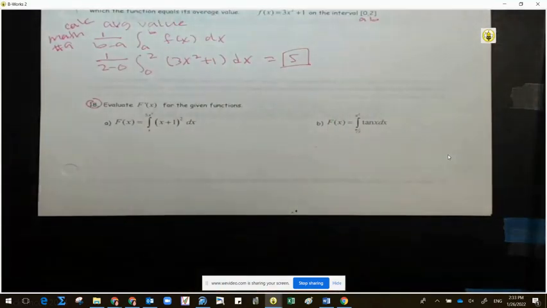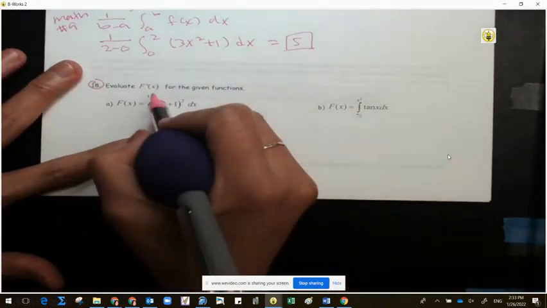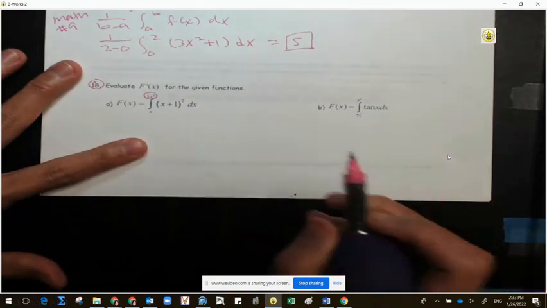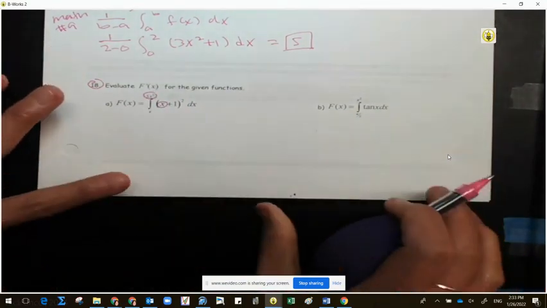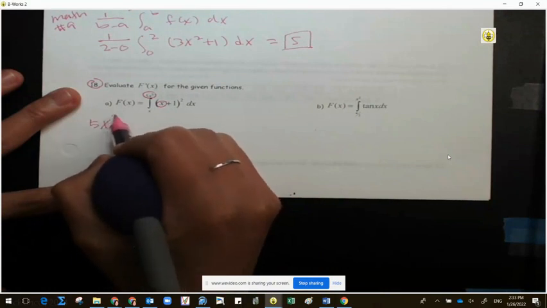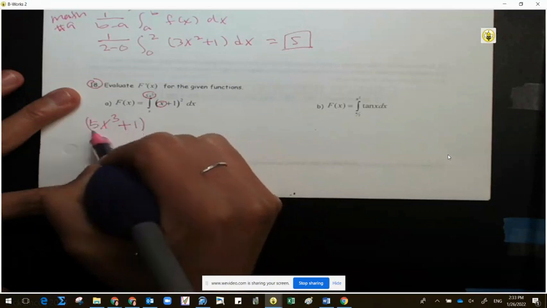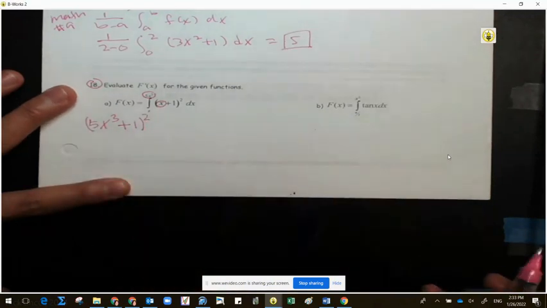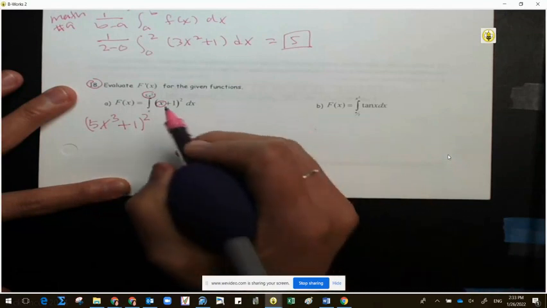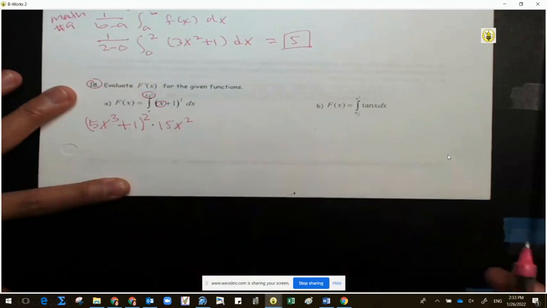So let's practice that. Looking at this, our upper bound is right here. And we're plugging that into the function. So let's write out (5x cubed plus 1) all squared. And then now we have to find the derivative of the upper bound. What is the derivative of 5x cubed? 15x squared.